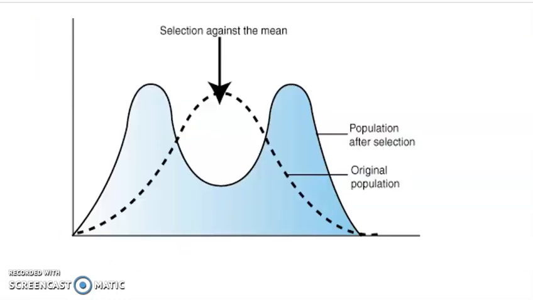Okay, just take an example. Just imagine that this is the original population. This is the original population of rabbits. I'm taking a hypothetical example. There is a population of rabbits where three different forms are there. They are white, gray, and brown.